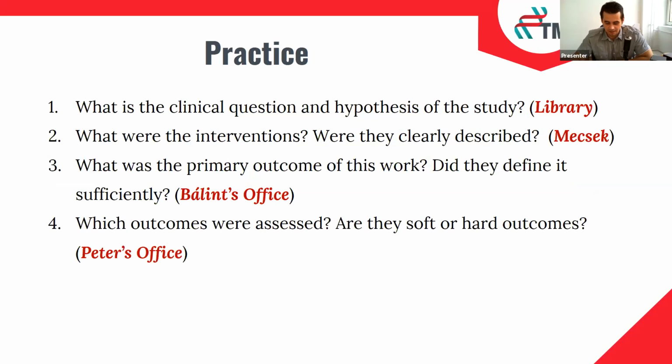Please take the article in your hand, which assesses the problem of asthmatic drugs and asthmatic treatment. You will have around 15 or 20 minutes to assess these questions. And after this, you can already see which groups should answer which questions. Thank you for your attention.